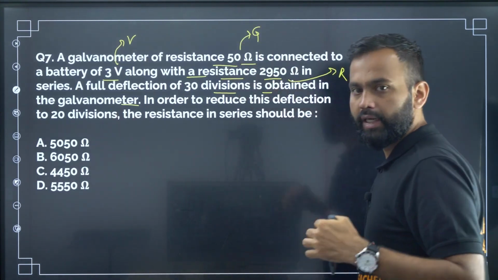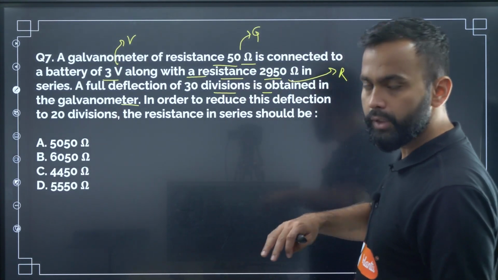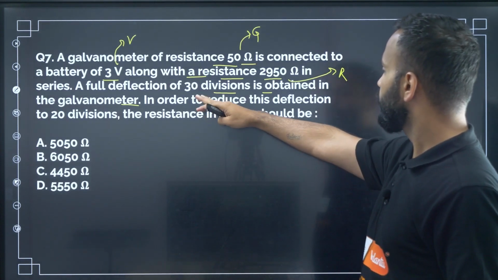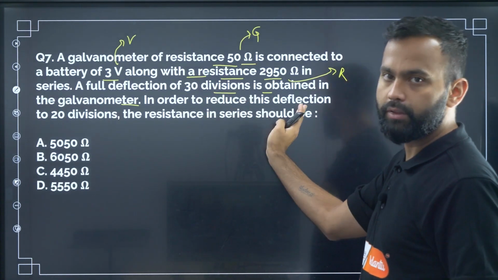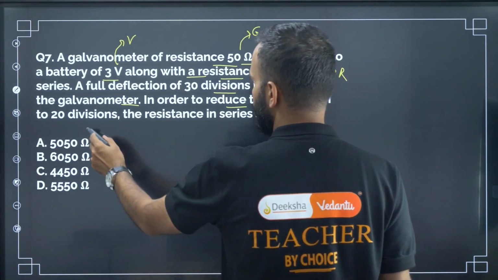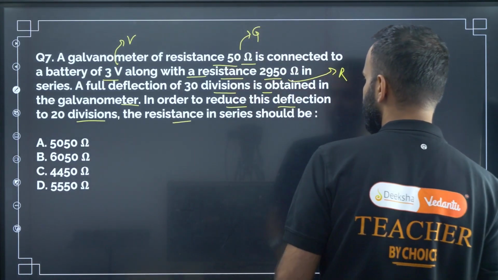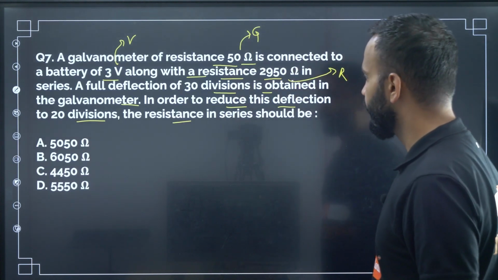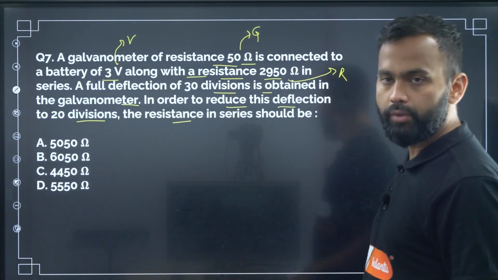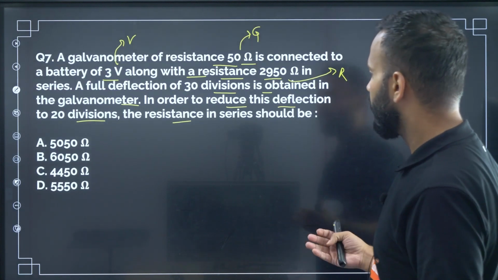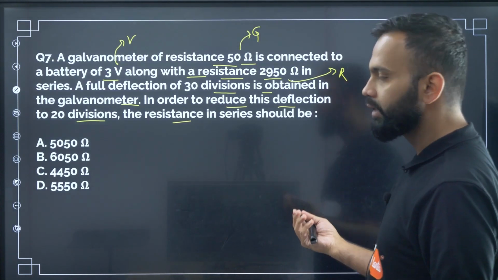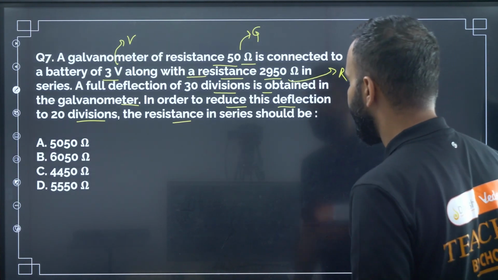When the current flows through a galvanometer, it will show full deflection, 30 divisions. In order to reduce this deflection to 20 divisions, the resistance in series should be, we need to reduce the divisions from 30 to 20. So how much resistance we need to connect to the galvanometer in series?